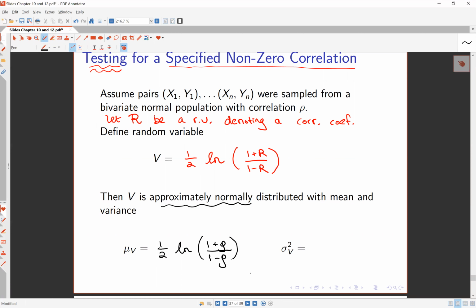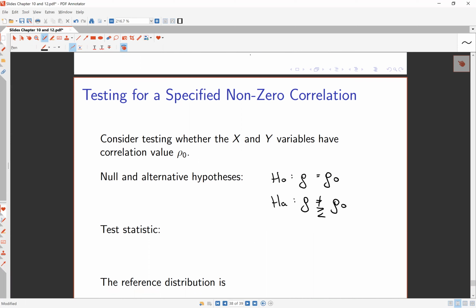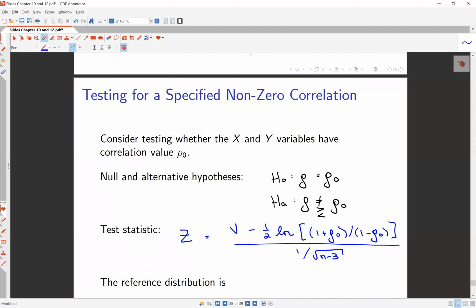So the testing procedure, if you're testing the null hypothesis that rho is equal to some specified value rho 0 against some alternative, whether it's a two-sided or a one-sided alternative, your test statistic in this case will be a Z statistic, which is given by the V transformation we just did minus 1/2 times the natural log of 1 plus rho 0 over 1 minus rho 0, and all of this divided by 1 over the square root of n minus 3.